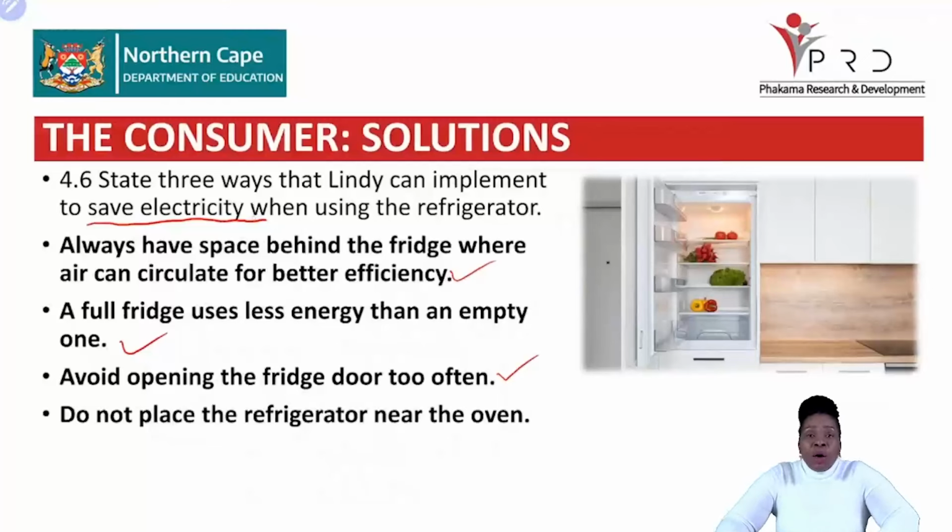We do our cooking on the stove. So it means there is heat next to the what? To the refrigerator. Again, the refrigerator has to use more and more energy so that it maintains its temperature. Right? Let's move on, learners.